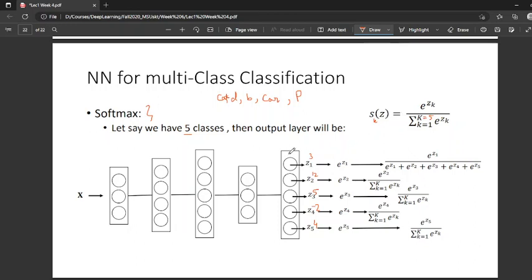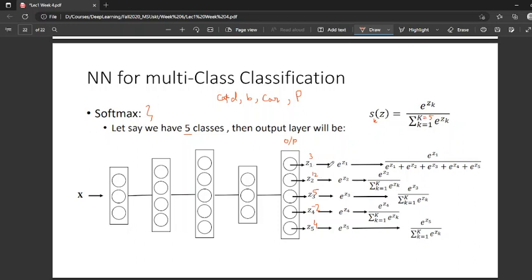Let's say at this output layer we calculate Z1, and it comes out to be 3. Z2 is 12, Z3 is 5, Z4 is -2, and Z5 is 4. I have written these numbers arbitrarily; I haven't calculated them on a particular data set. They are just random numbers to see how softmax does multi-class classification.